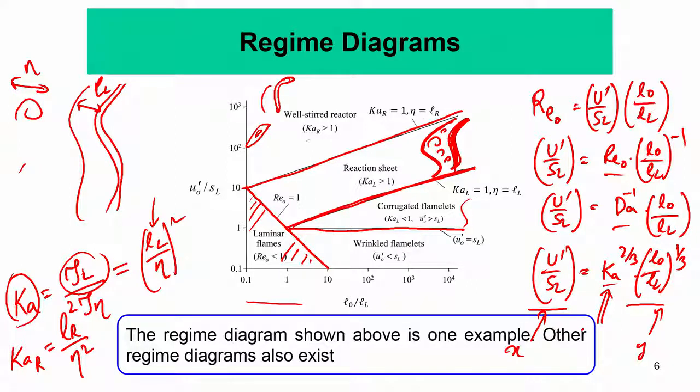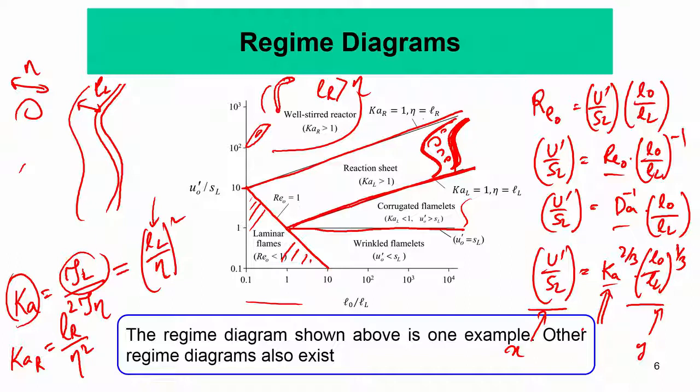But if you have a situation like in this well stirred reactor regime, where the Kolmogorov size eddies have become smaller than the reaction zone thickness, okay, so LR is even larger than eta. So, this region essentially means that LR is larger than eta. If that is the situation, the Karlovitz number is very large, I mean, the reaction Karlovitz number is greater than 1.